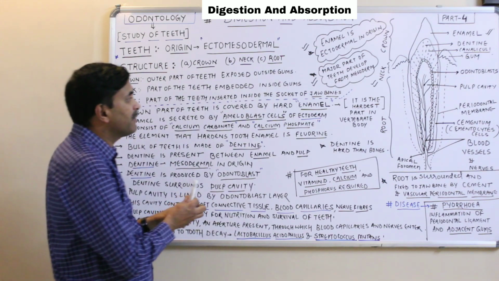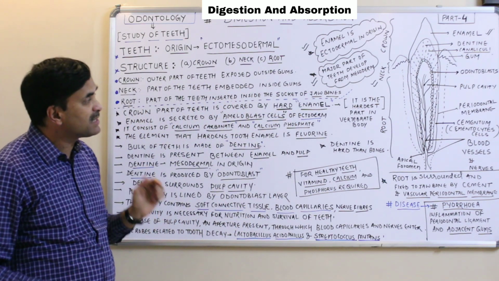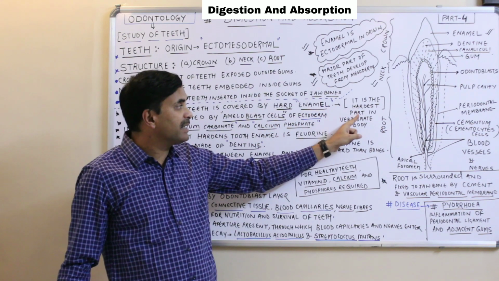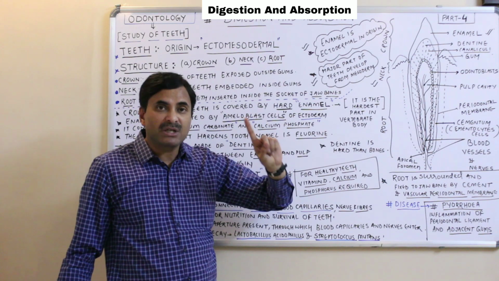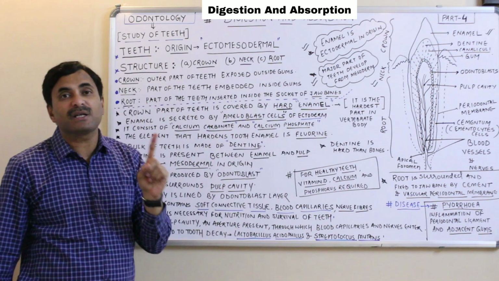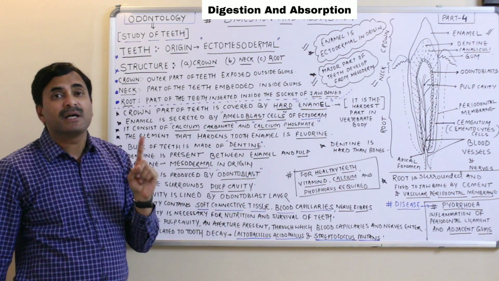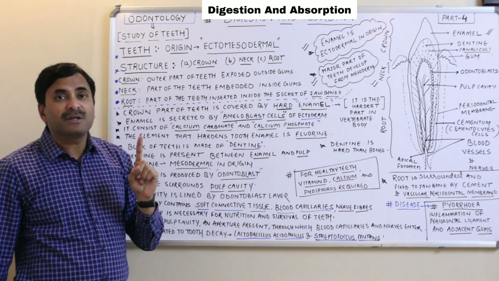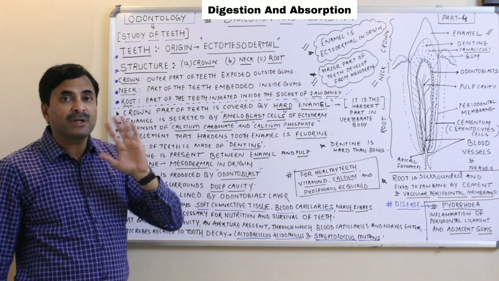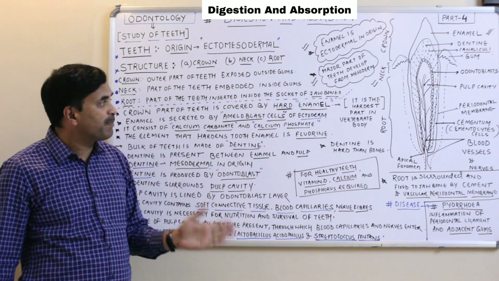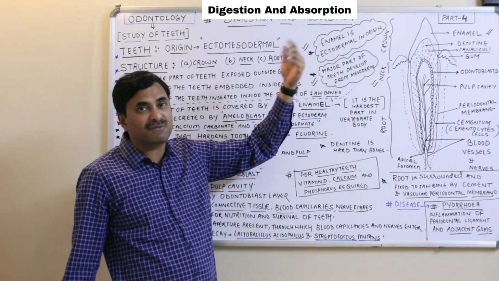Now remember one thing: it is hard, and you must notice that it is the hardest part in the vertebrate body. Not only that, it is the hardest part in the entire animal kingdom. In all the animals, the hardest part is the enamel, and it is the white part which is visible.